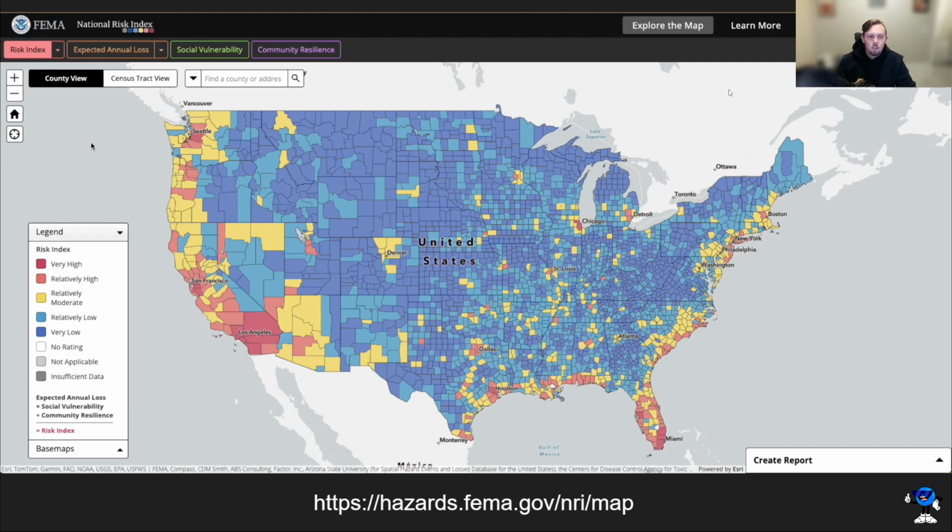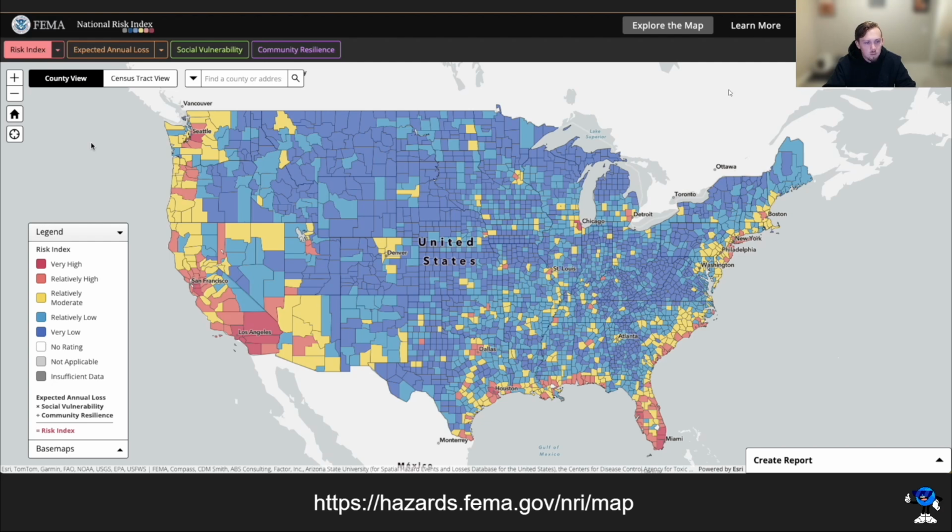Community resilience is the ability of a community to prepare for anticipated natural hazards, adapt to changing conditions, and withstand and recover rapidly from disruptions. As a consequence, reducing the risk component of the National Risk Index, a community resilience score and rating represent the relative level of a community's resilience compared to all other communities at the same level.